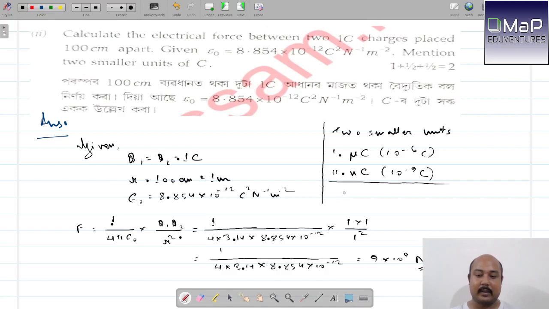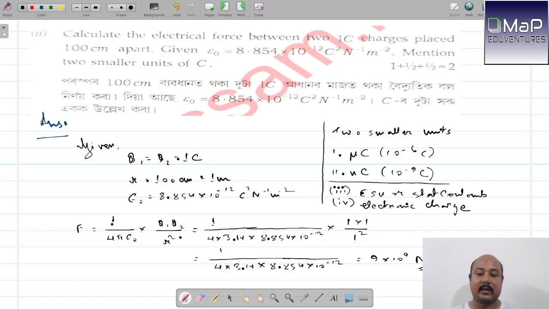In CGS system we have a unit called stat coulomb or ESU, electrostatic unit. It is written as ESU or stat coulomb, and another unit is the charge of an electron, simply denoted by e, as we discussed earlier in a question.